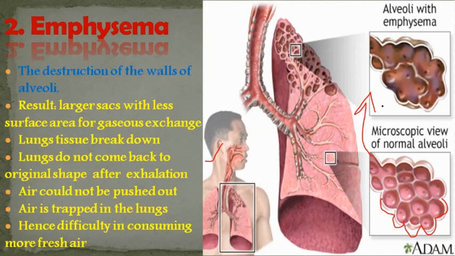Due to some problems, some causes, we will discuss them later, you can see the alveoli walls get destroyed. They are broken down from here, like this one, this one, this one. So these walls are broken down.